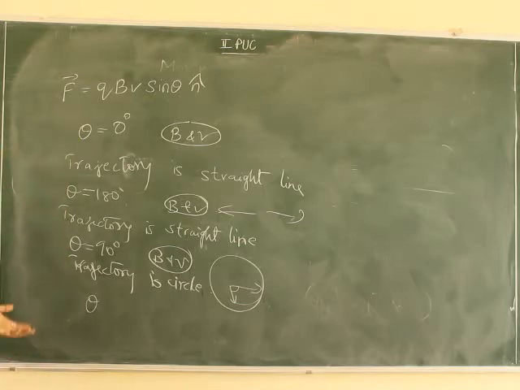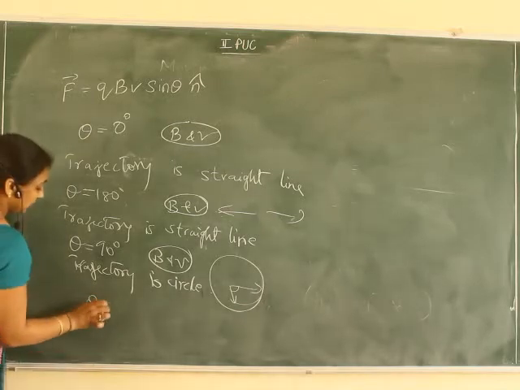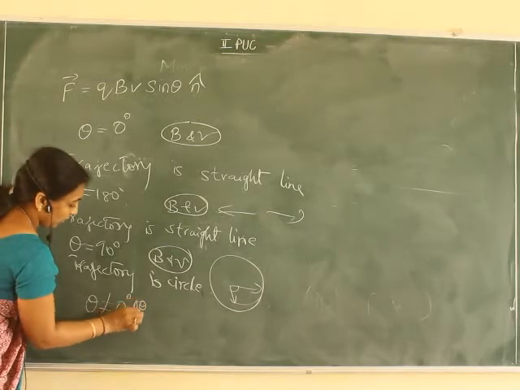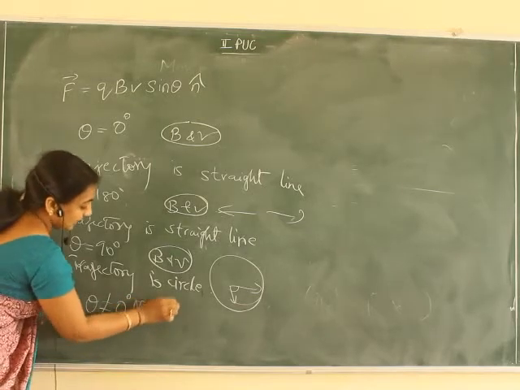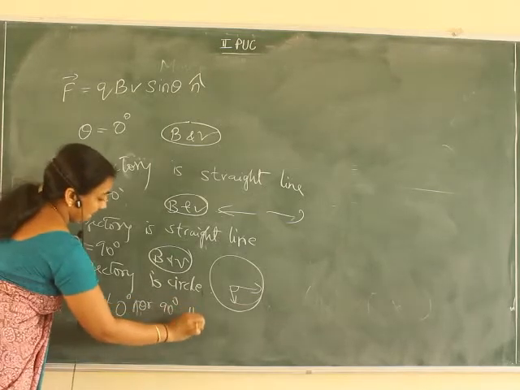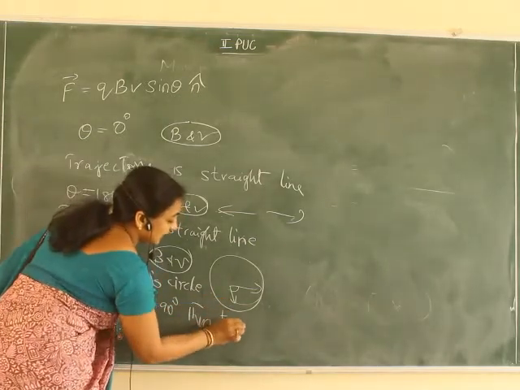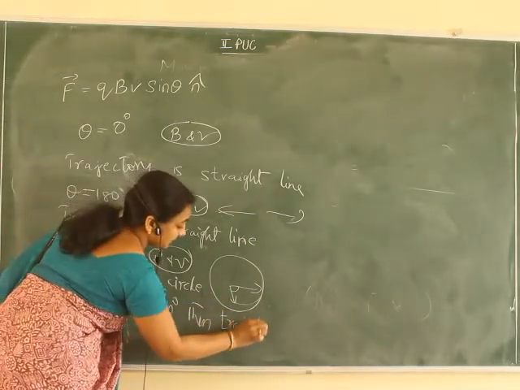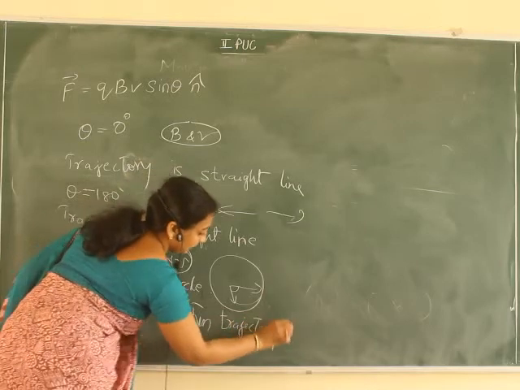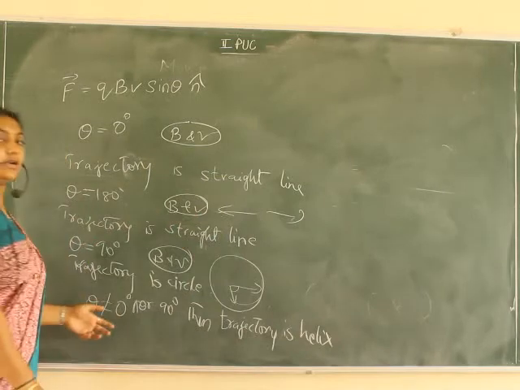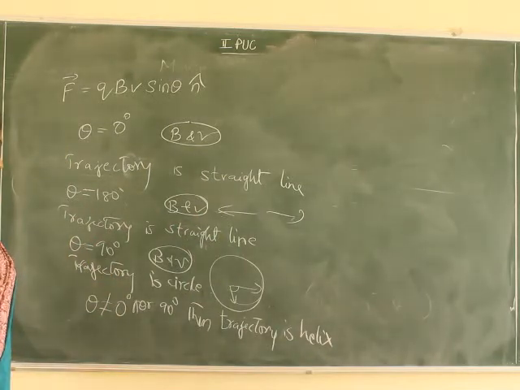If it is neither 0 nor 90 degree, then what is the trajectory? Then the trajectory is helix. See, these points are all important for your JEE and NEET.